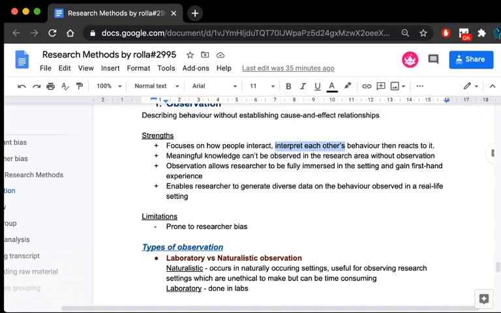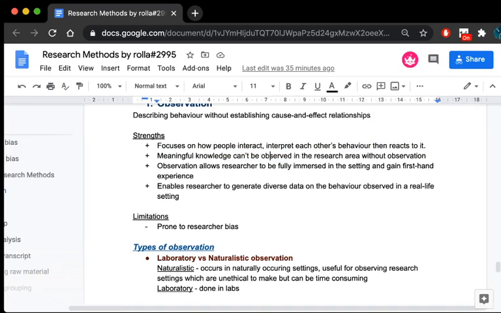Usually, in terms of insight into a certain behavior, you would need observation. It also allows you to be very immersed in the setting and get first-hand experience and know how someone behaves.